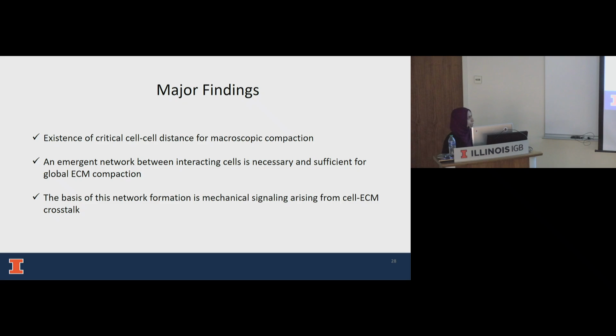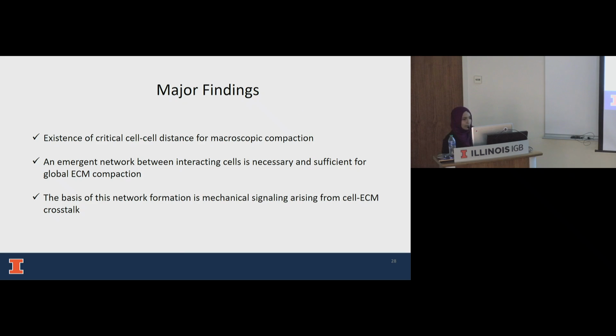Emergent network between interacting cells is necessary and sufficient for the compaction of the gels, because the network modulates the synchronized pulling of the cells, which we don't see when we are below that critical distance. And the basis of this network formation is mechanical signaling arising from the cell-ECM crosstalk.